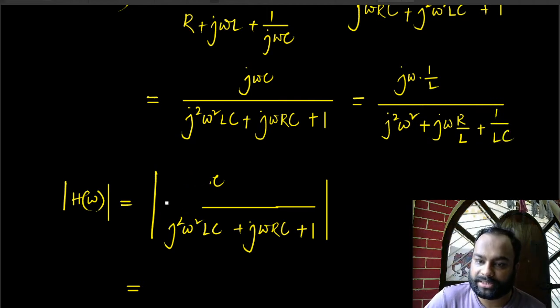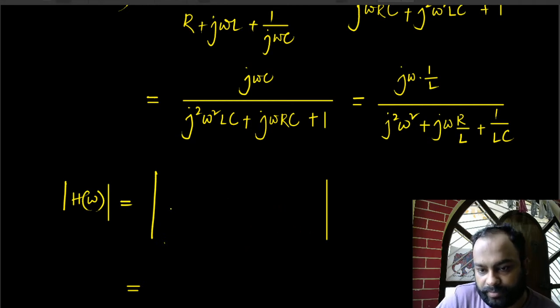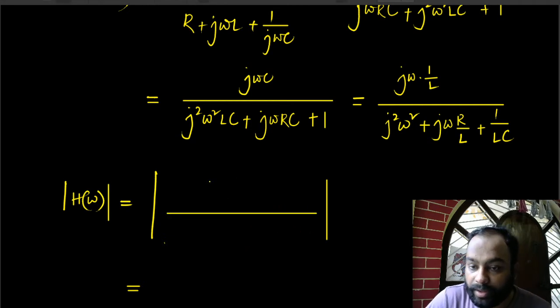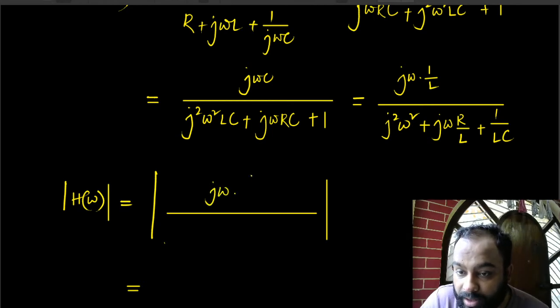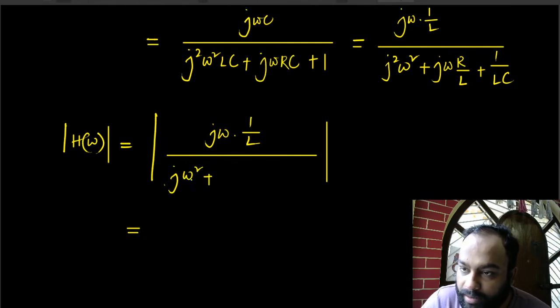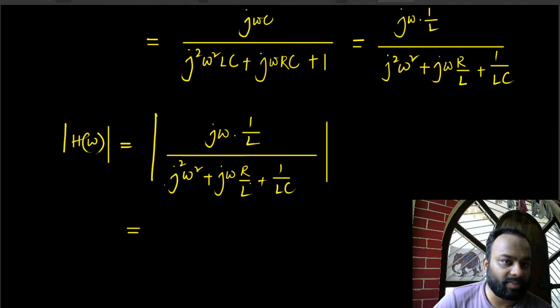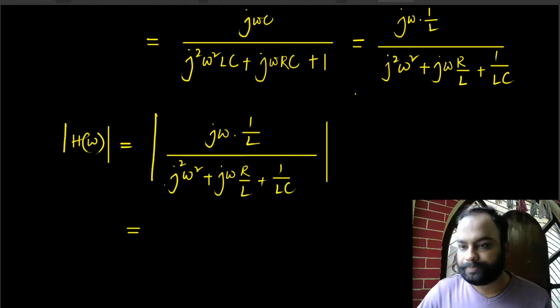So instead of this, I would rather have j omega into 1 by L divided by j square omega square plus j omega R by L plus 1 by LC, something like that, right?